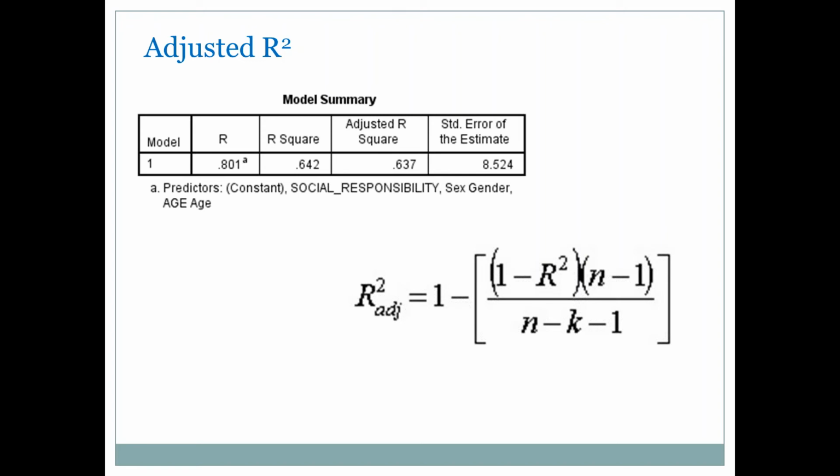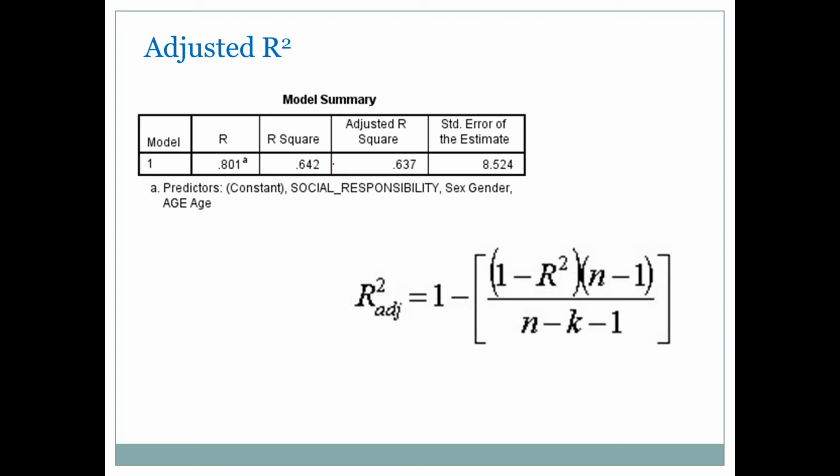I'm going to throw in gender. I'm going to throw in age. I'm going to throw in my dog's name. Things that you don't need, that have nothing to do with emotional intelligence. You could throw in 20 predictors. Your R-squared is guaranteed to go up just because you put in a lot of predictors.